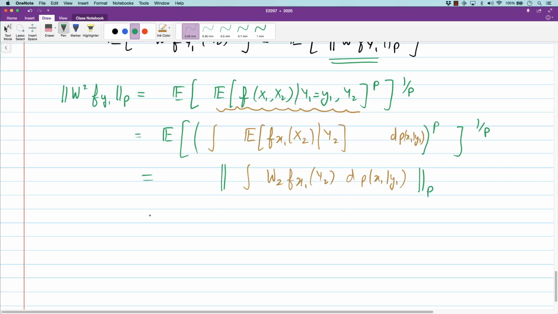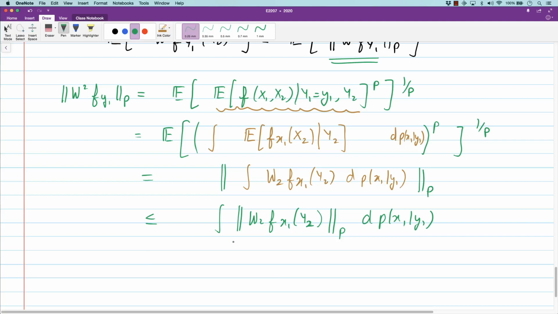Now by Minkowski inequality, this is less than or equal to the LP norms of individual guys weighed by this thing. Okay, this is Minkowski inequality. This is just the fact that LP norm is a norm, and this is roughly the triangular inequality for LP norm, which is called Minkowski inequality.